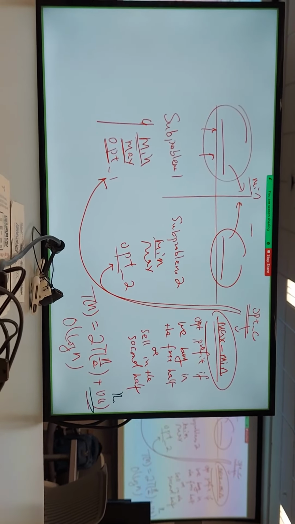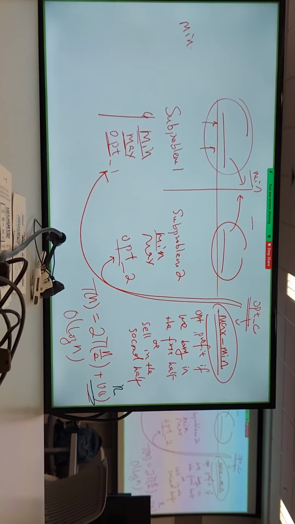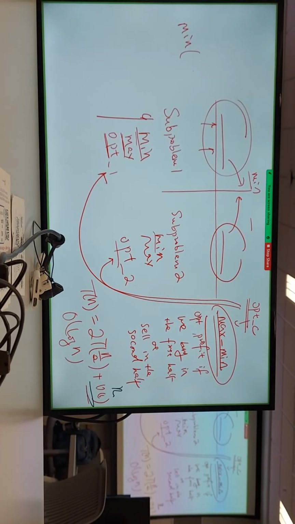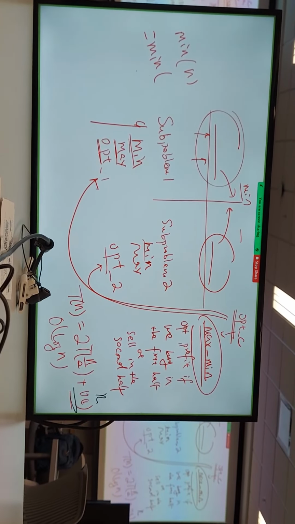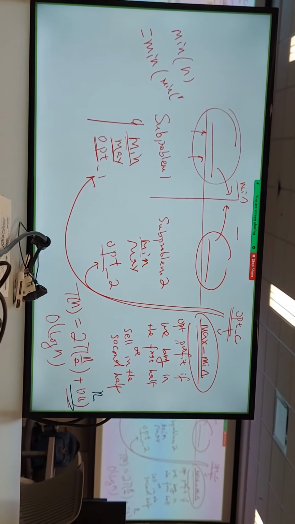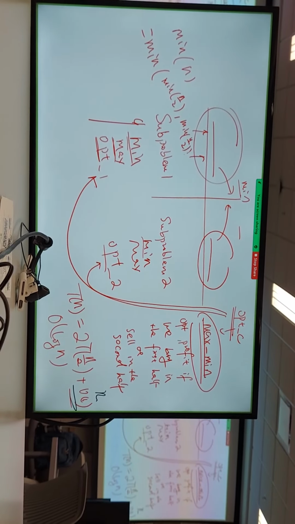To recursively calculate the min, the actual min of the whole set of n would be the minimum of the min of the first n over 2, and the min of the other n over 2.